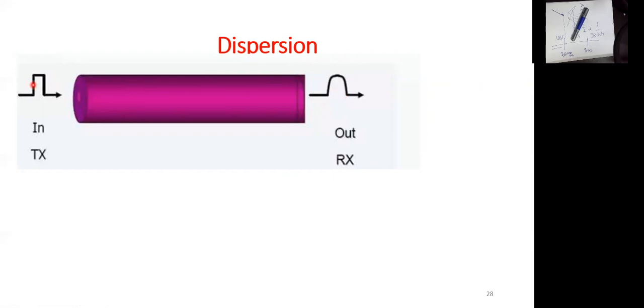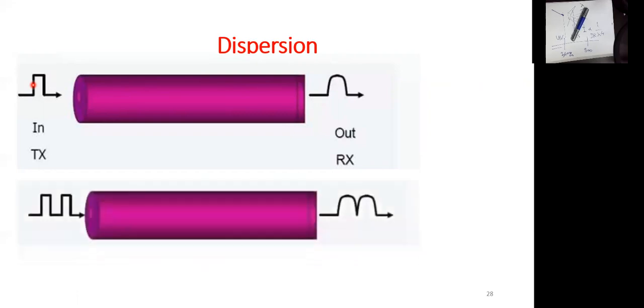But why is dispersion harmful? The answer is here. If you are transmitting two successive bits or symbols together, due to this dispersion effect, these two symbols can overlap together. And in this case, you are not able to detect the signal on the receiver side.